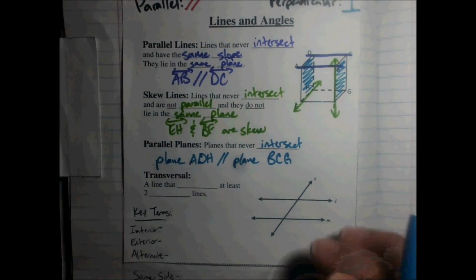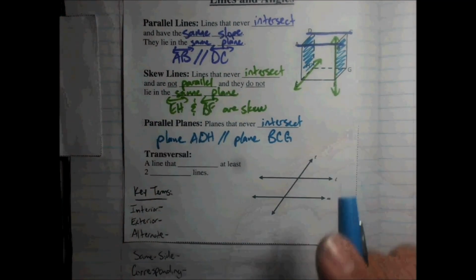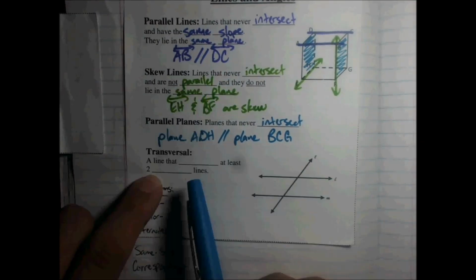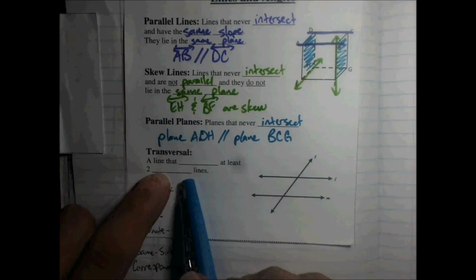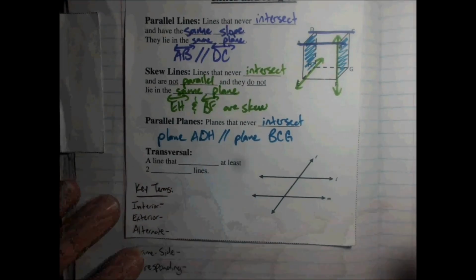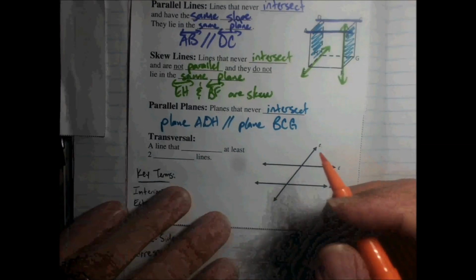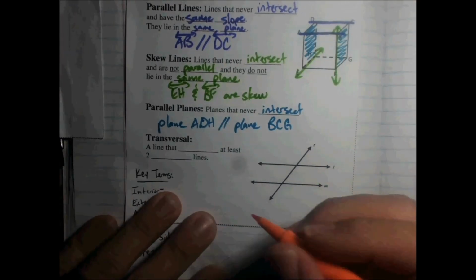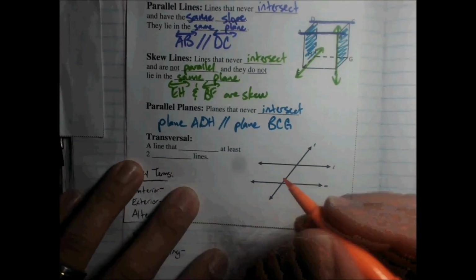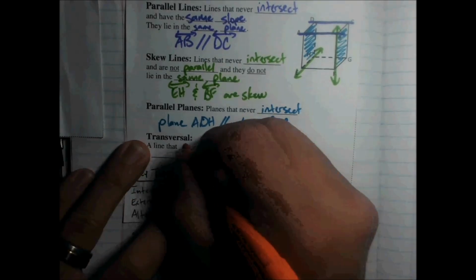All right. So what is a transversal? A transversal is a line that intersects at least two separate lines. Okay.